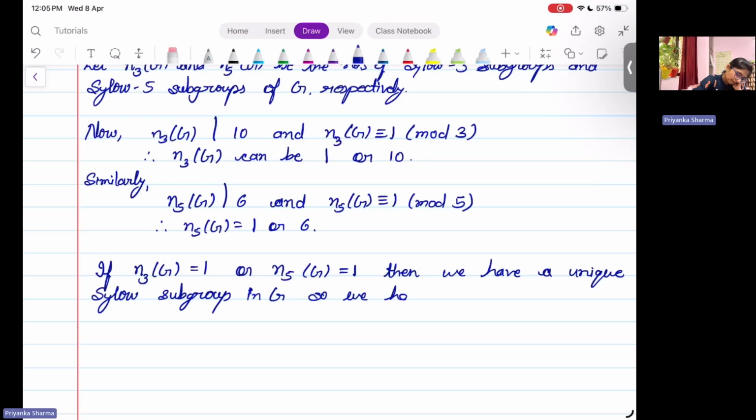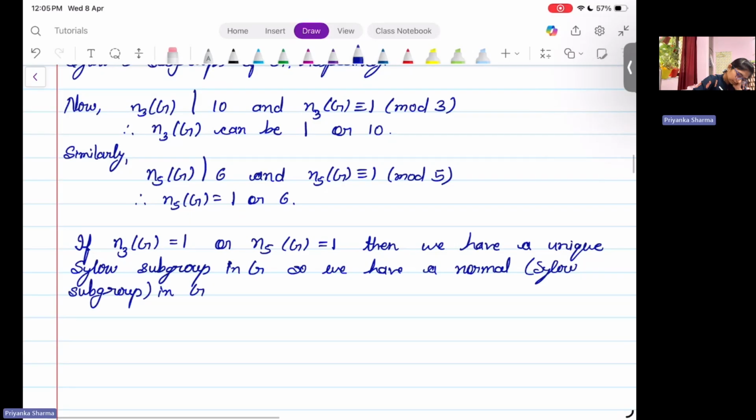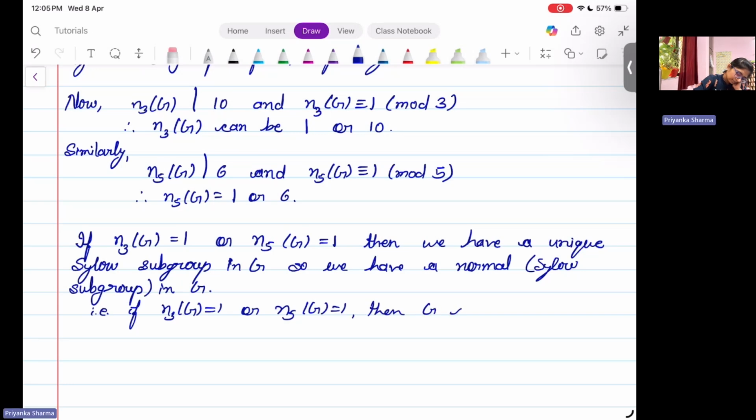So we have a normal Sylow subgroup actually in G. That is, if N3G is 1 or N5G is 1, then G cannot be simple.